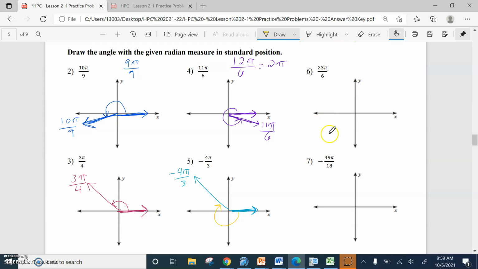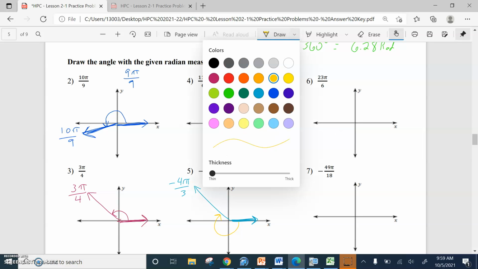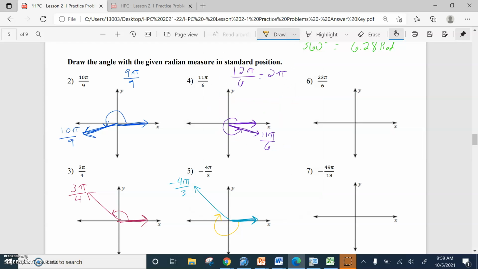7 will be the same, but let's look at 6 real quick. 6, we are almost 24 pi over 6. That's a lot of rotating. I'll just go back to the orange. Standard position, like that. 23 pi over, okay, so 24, let me see, what would that look like?